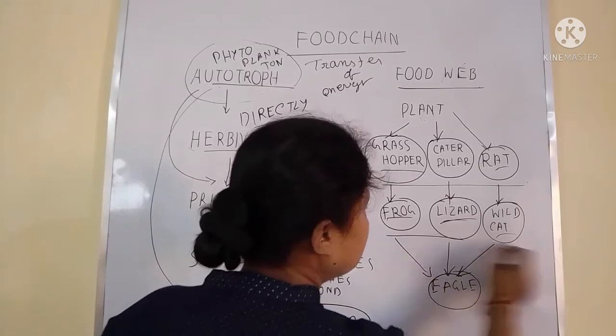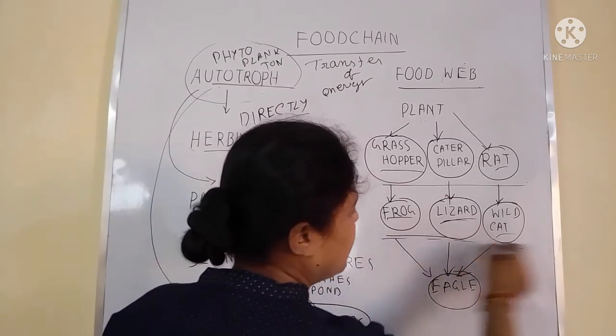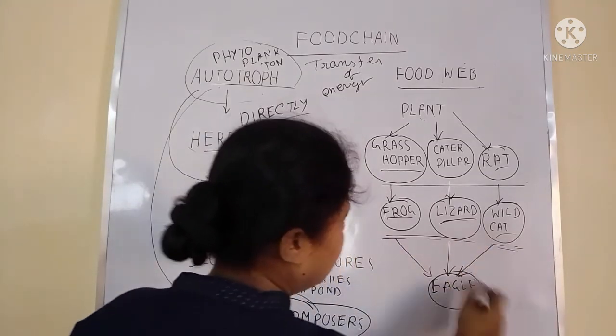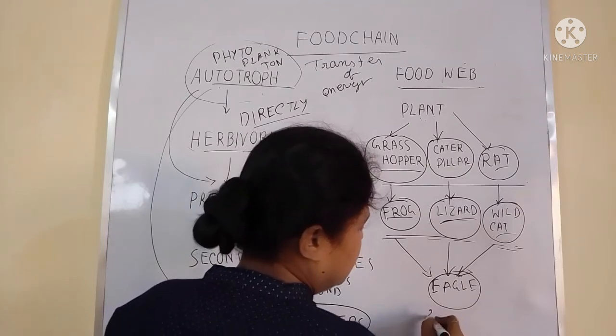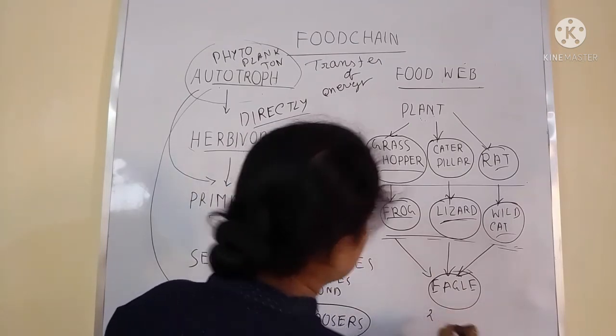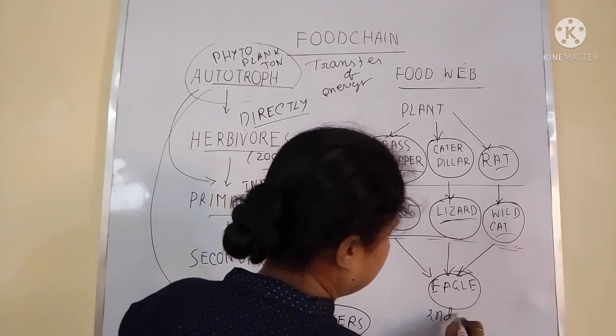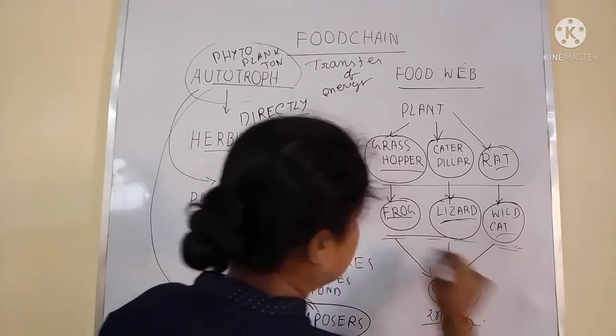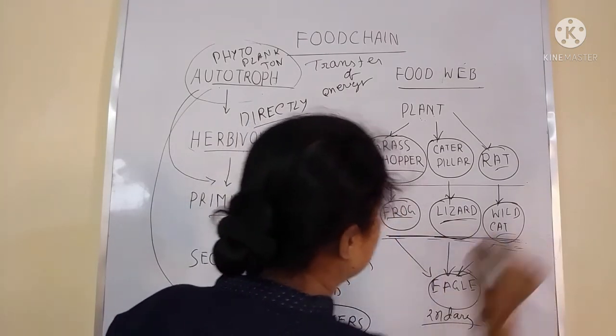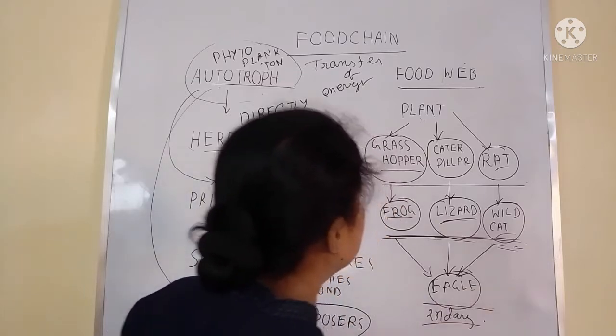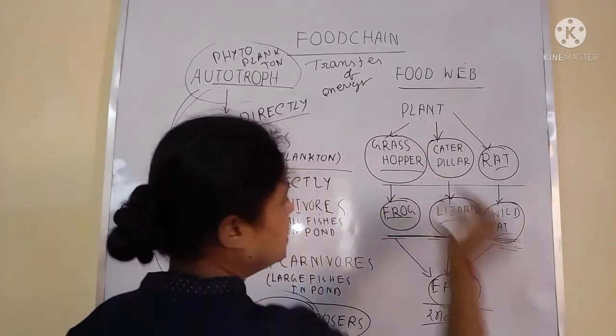And the three secondary carnivores are eaten by the eagle. Eagle is the secondary carnivore. Sorry, this is the first, primary carnivore, and this is the secondary carnivore, and this is herbivore. Okay, so this is food web.